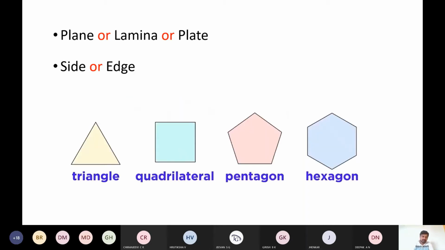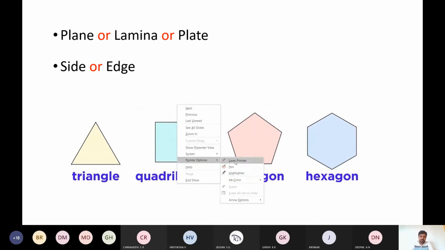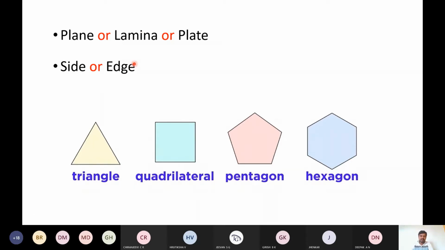Okay. Next, we are going to use a few terms most often in this chapter: plane, lamina, plate. Okay, all the three are same, or we can consider it as a surface. Okay, plane, lamina, plate. So all three will communicate the same meaning.